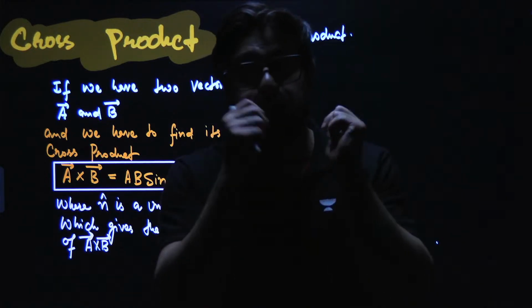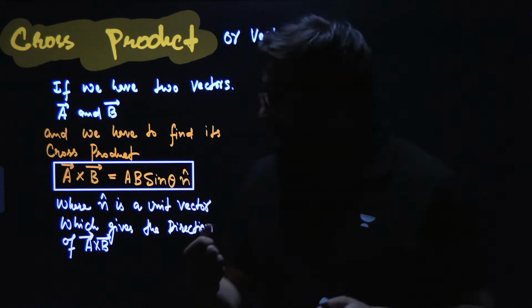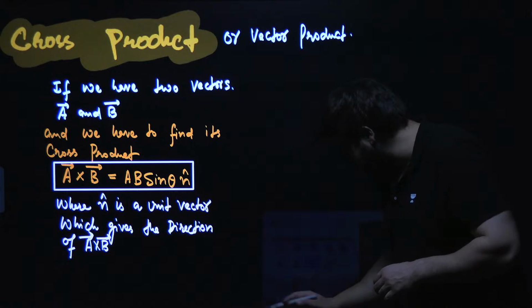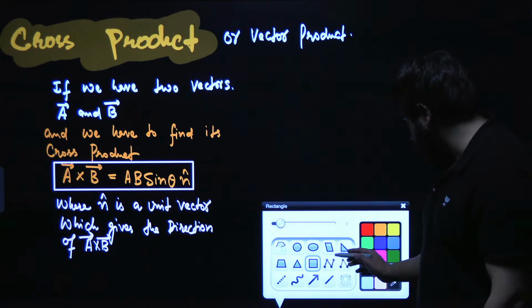A dot B gives you the scalar quantity. A cross B gives you the vector quantity. Now, let me exactly show you over here. That will give you the crystal clear feel.